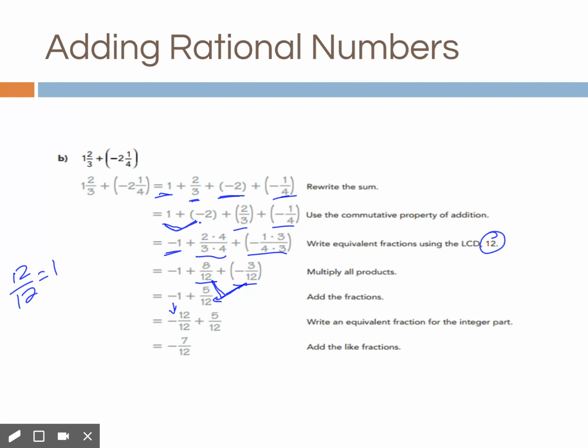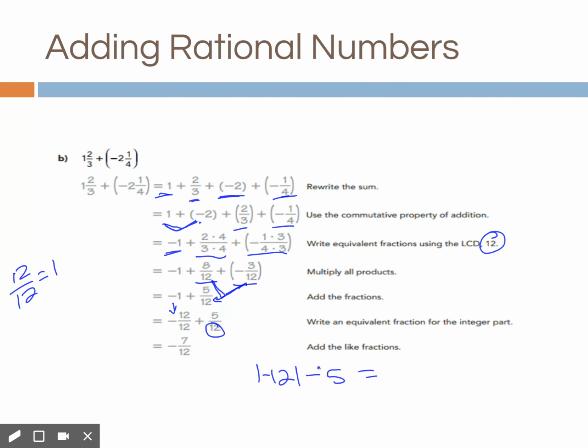So they chose a denominator that's the same as the fraction we already have in place. So now they added a negative 12/12 plus a positive 5/12. Remember, now when we add or subtract fractions, we're just dealing with the numerators. So we applied the rule that when we are working with a negative and a positive, we subtract the absolute values.